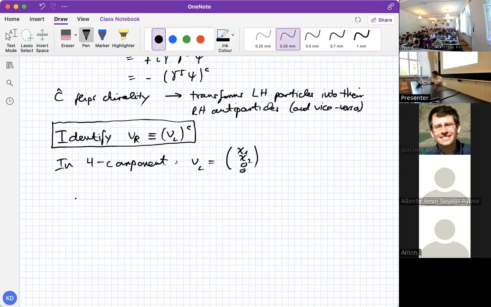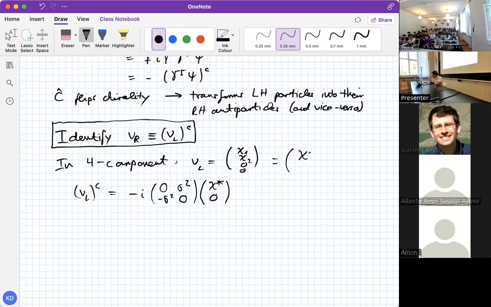And now the charge conjugate, nu left charge conjugate, is then minus i times the gamma 2 matrix, which is 0, sigma 2, minus sigma 2, 0, times, let's call this chi star. So I'm now combining the 2 upper components into one object called chi, and the lower components, of course, stay 0.